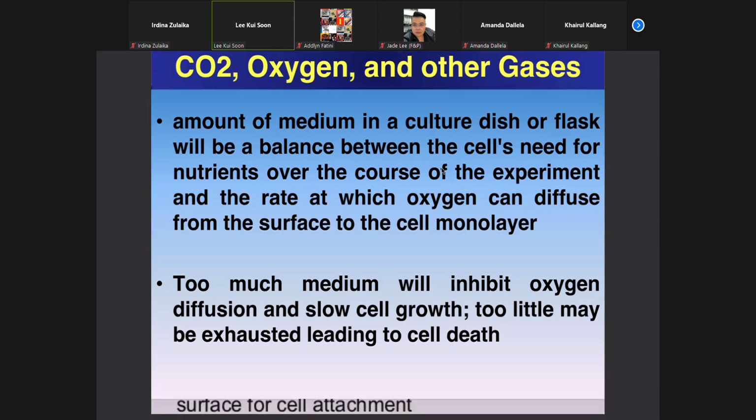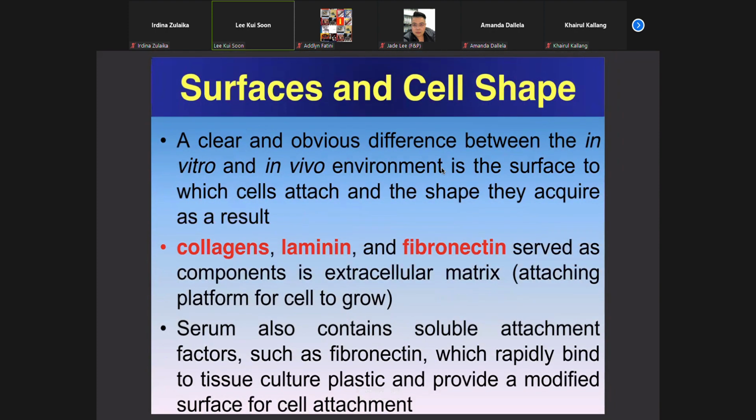Okay. And a clear and obvious difference between the in vivo and in vitro environment is the surface to which the cells attach, and also the substrate required as a result. So collagens, laminin, and fibronectin serve as components of the extracellular matrix, which the cells attach to in order to grow.